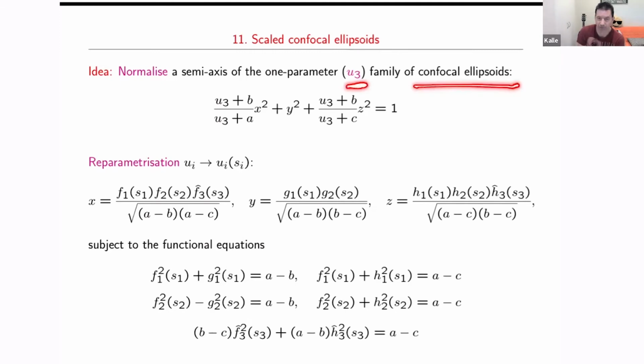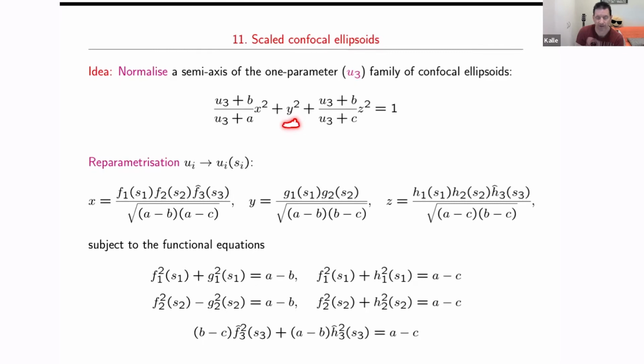If you run through U3, you get those confocal ellipsoids, but then you normalize them so you get a semi-axis, let's make it 1 here. I have just scaled every single ellipsoid in a one parameter family of confocal ellipsoids such that the semi-axis is 1.